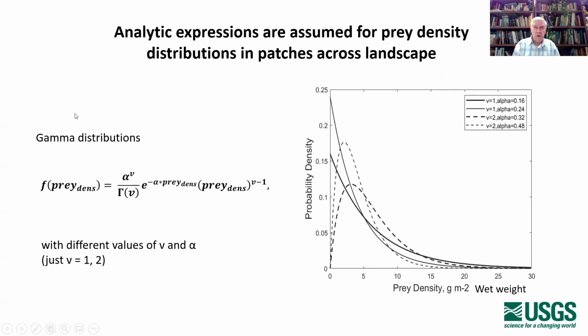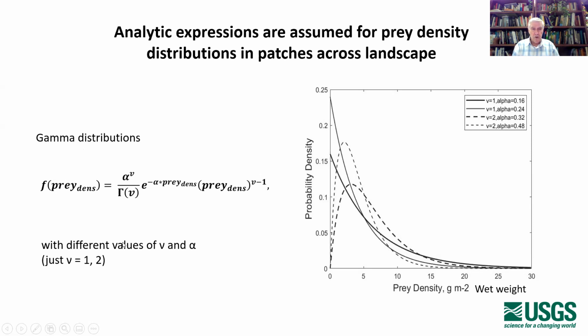Analytic expressions are assumed for prey density distributions in patches across the landscape. We're going to make the analytic assumption that the prey density, called prey dense, is the prey density in a patch. And it's convenient to describe these by gamma distributions.